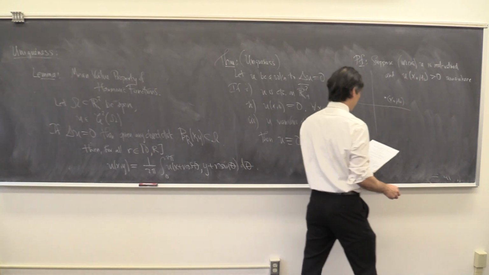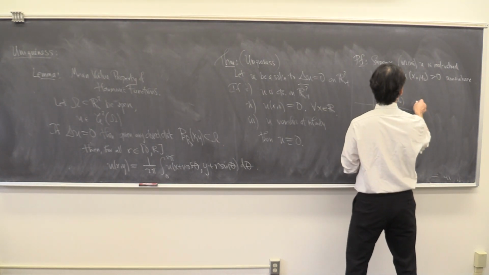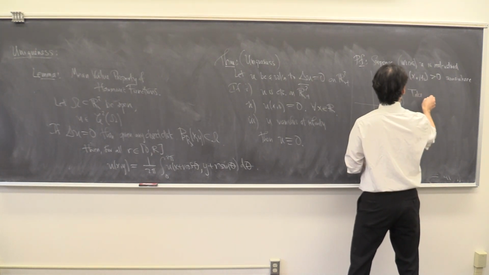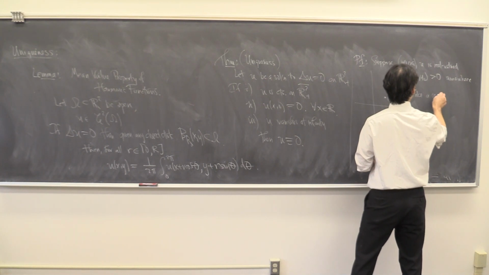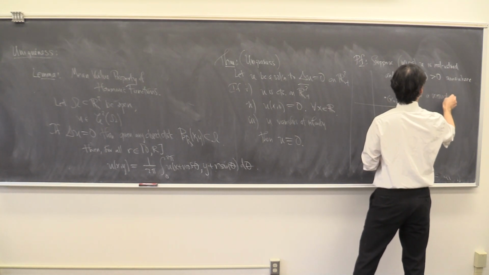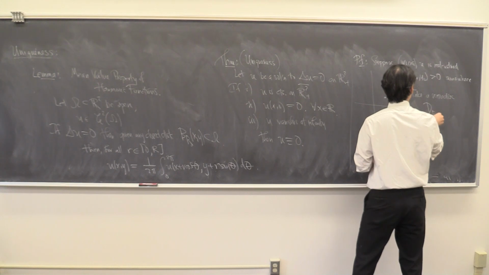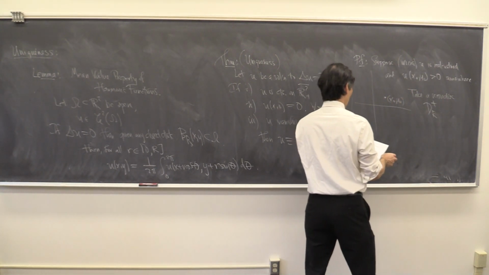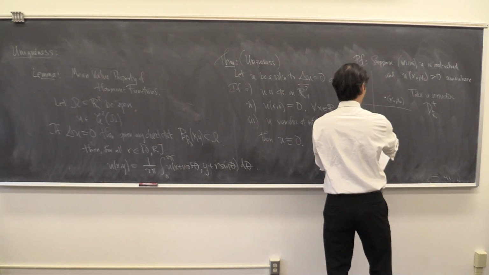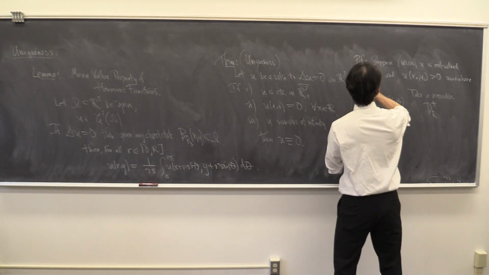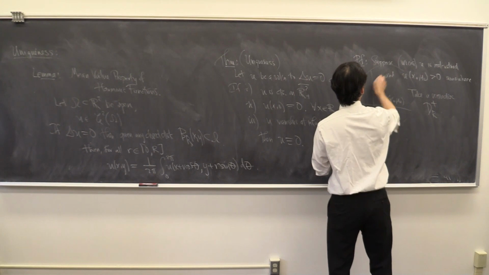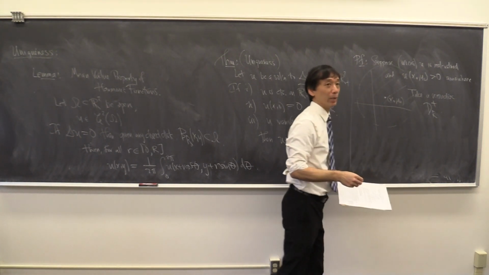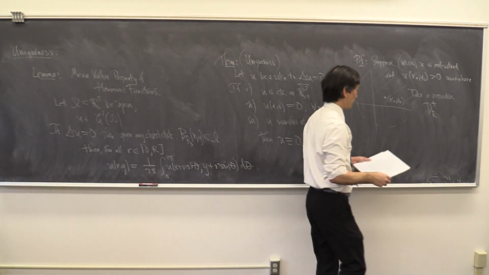So now take a semidisk D_R plus. It's just going to be a disk, but chopped off in the upper half plane. Okay.